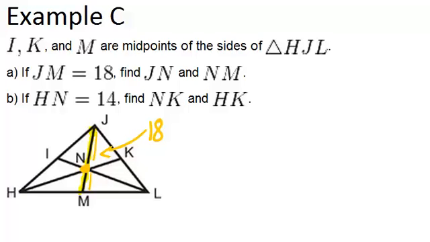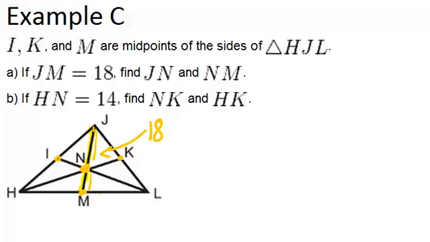So N is the centroid of this triangle because it is created by the intersection of the three medians, since I, K, and M are stated to be all midpoints. Because it is the centroid, it means it intersects this whole line segment, JM, 2/3 of the way along it.